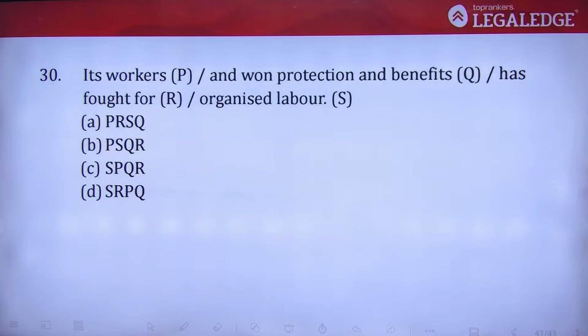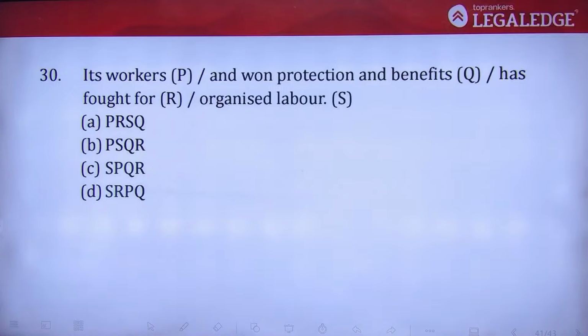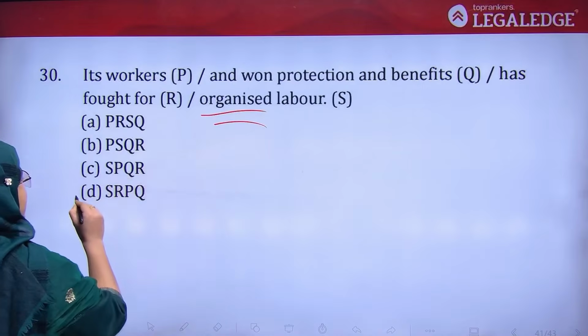The last question for today, students. Now, organized labor should be the first part.